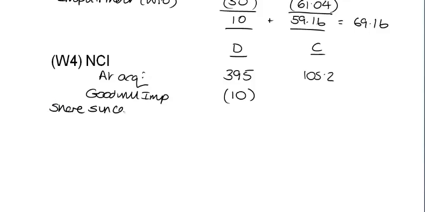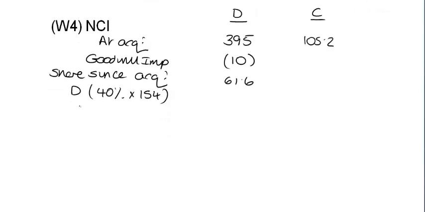Share since acquisition. So for data, what's it going to be? Well, it's going to be 40%, because remember, between the acquisition date and the SFP date, the NCI had 40% and the group had 60%. So it's going to be 40% of 154, which works out as 61.6.